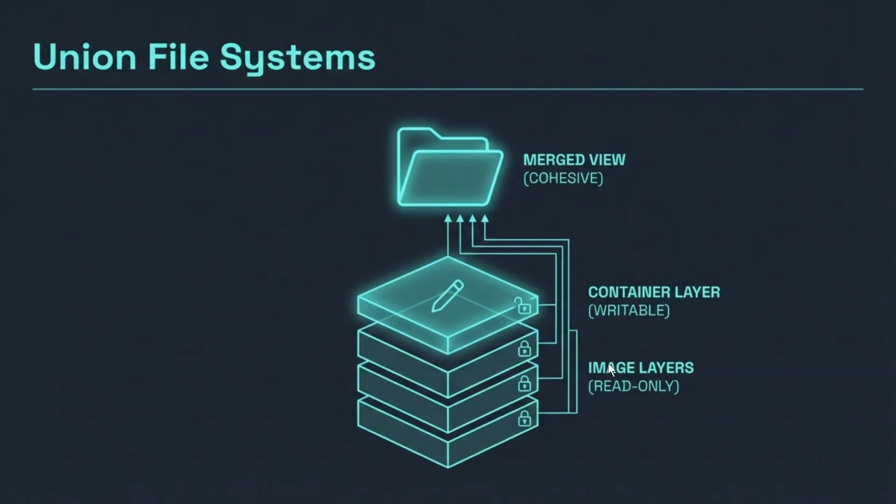Let's take a closer look. The UnionFS stacks their directories in layers. The OS and application sit in the bottom layer, which is a read-only layer. Any write operations are only done in the top layer called the container layer.